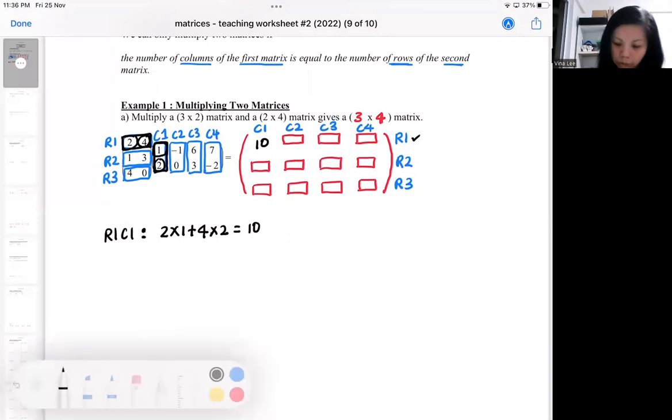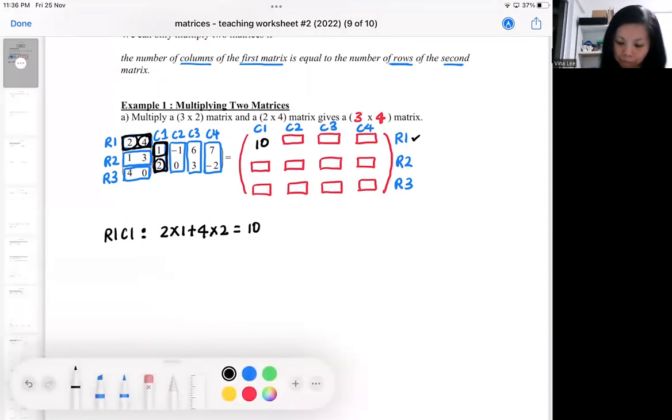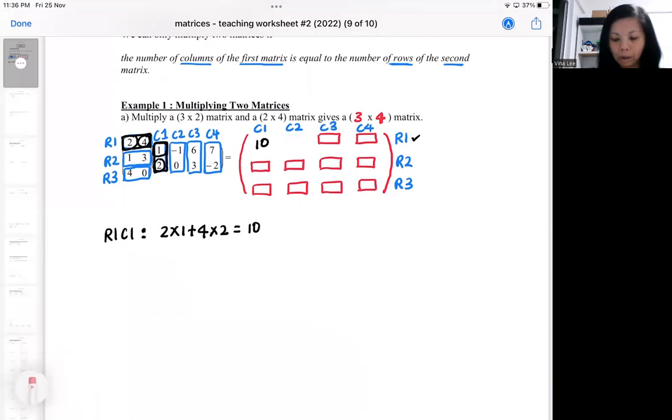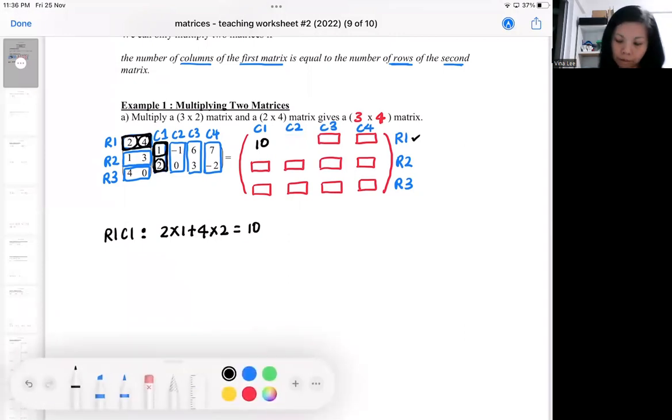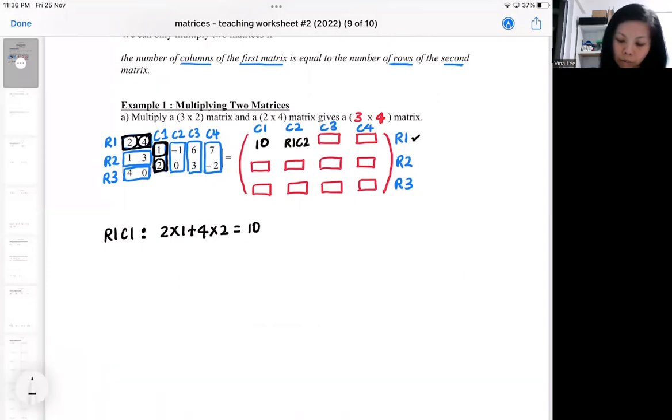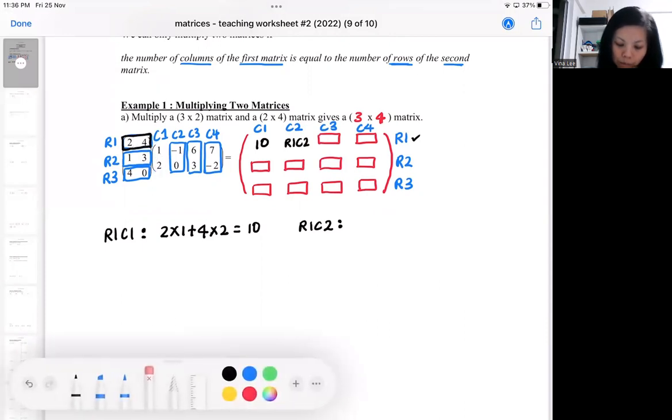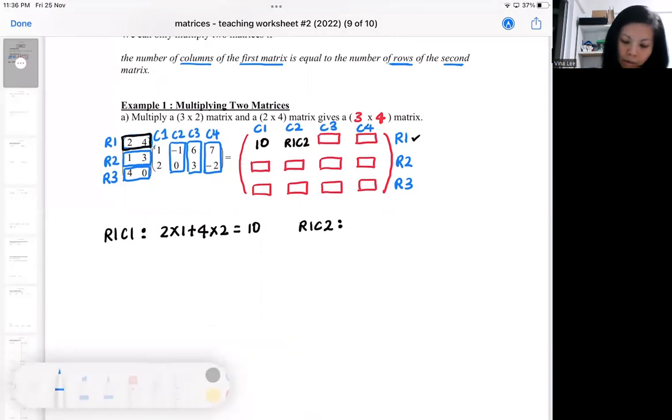Then we go to the second number. Usually I do it by row, I fill up the first layer. So this is R1C2. You still take the same row, but now you are using the second column.